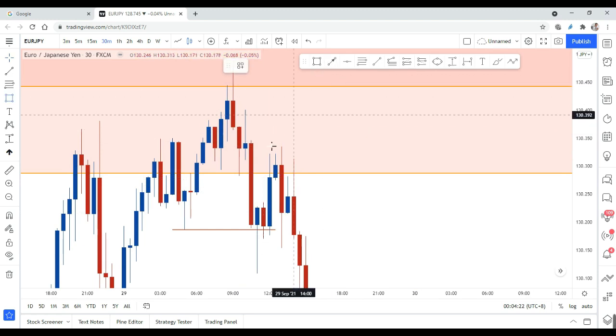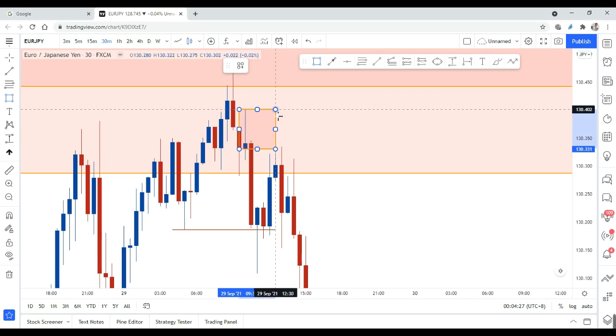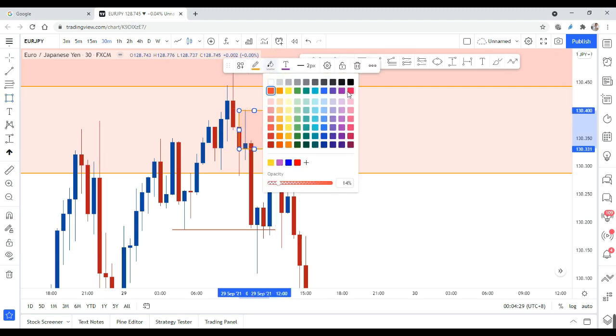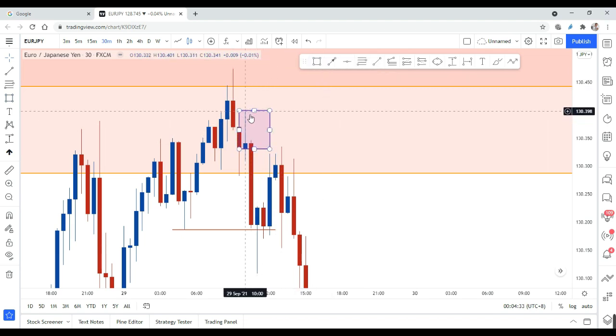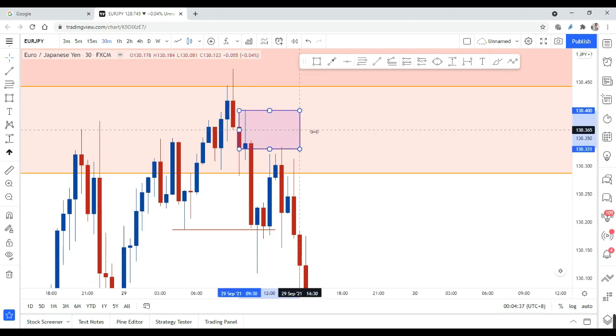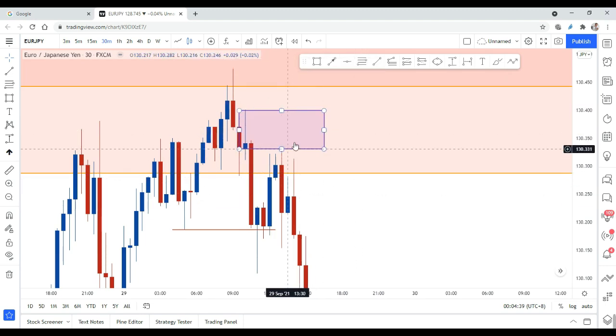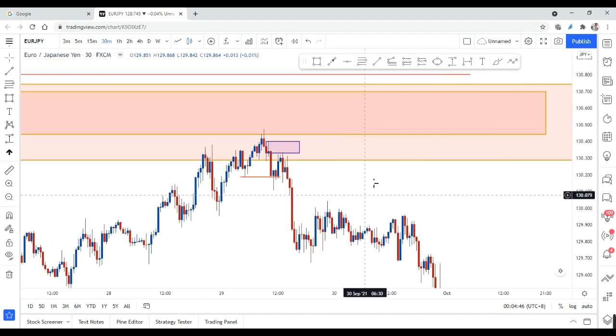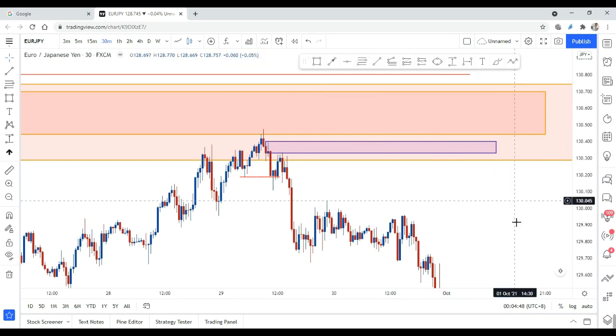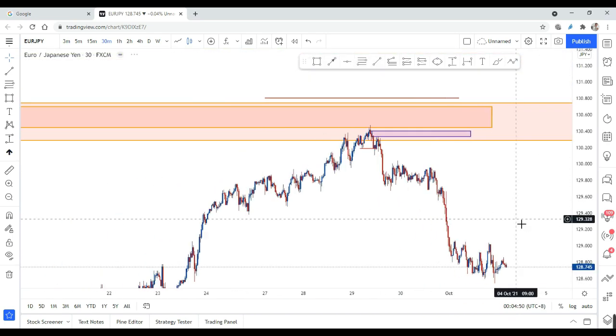This is my fresh supply zone, the one and only supply zone. Eventually the price comes into this area, reacts and then drops, and then you have a very nice R&R all the way down.